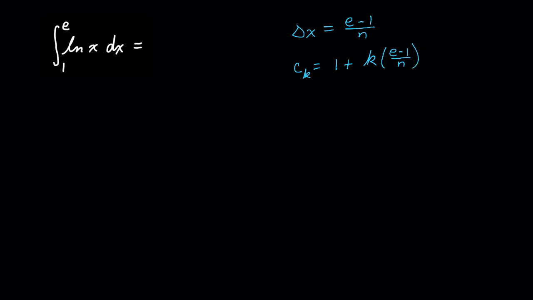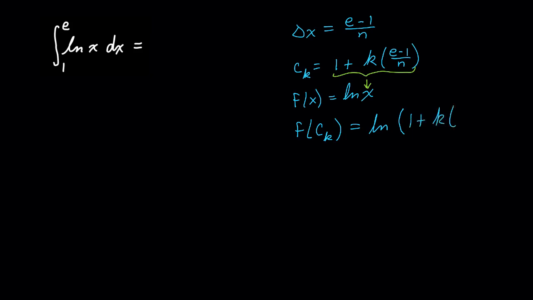And then f of x is our function, which in this case is natural log of x. Therefore, f of c sub k we would get by plugging this into x, which will give us natural log of 1 plus k times e minus 1 over n.